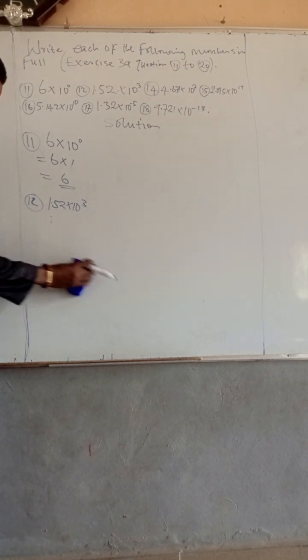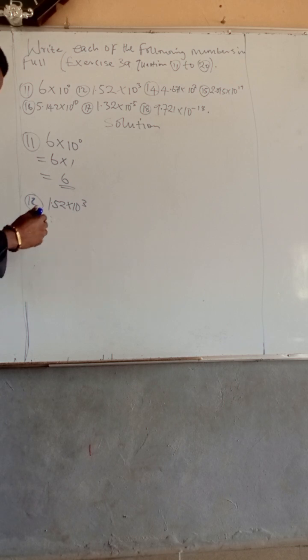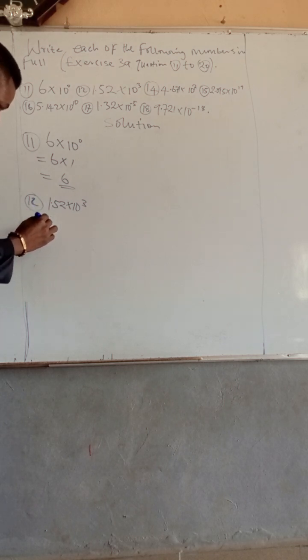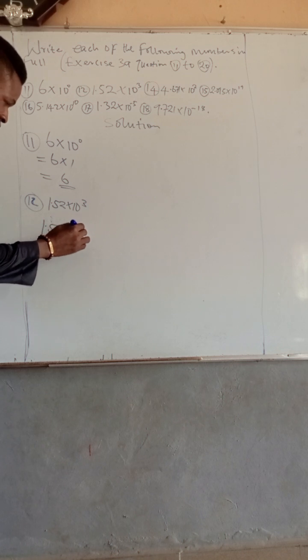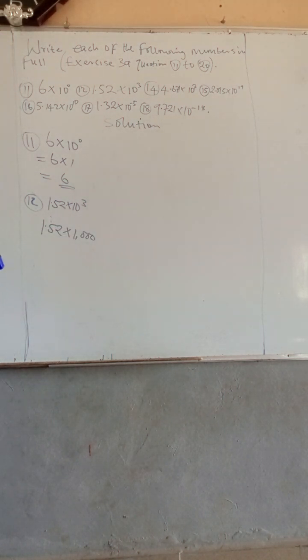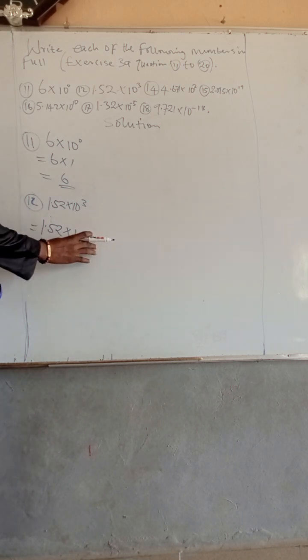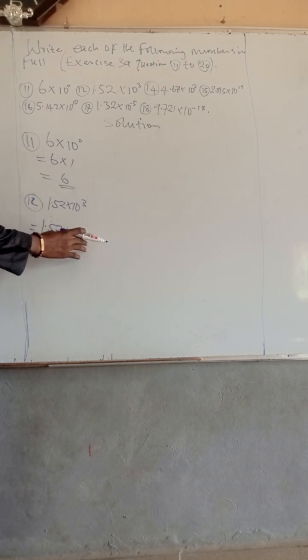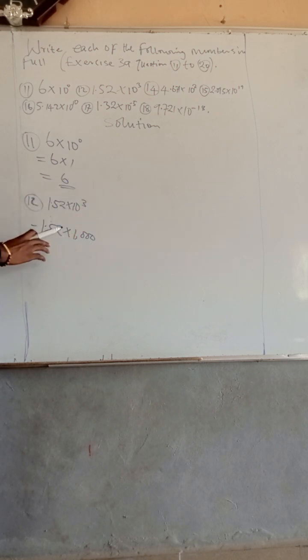So we have 1.52 multiplied by 1000. To write this number in full, we can just use our calculator and multiply.